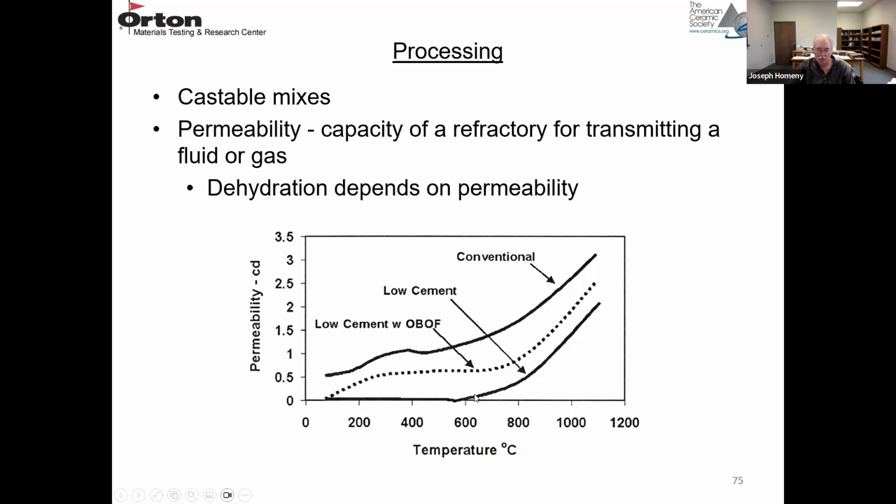These are usually designed for high density. So it has very little permeability below 600. Then it starts to increase as the water comes off. And then the dotted line in the middle is the same low cement castable, but has organic burnout fibers. So you can see the effect of the fibers is to shift the permeability up. It's not going to be anywhere near the conventional material, but it's going to be better than having no fibers.